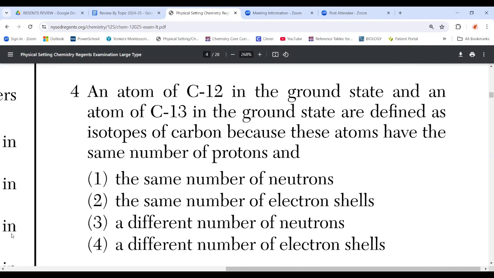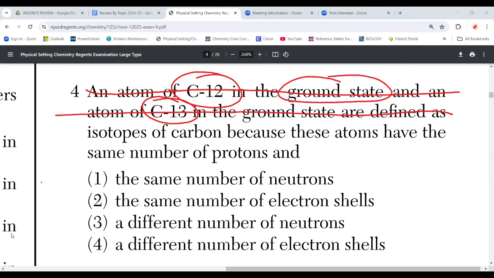So this is generally also without looking at the specifics. In other words, the specifics in a question are they brought up carbon 12 and carbon 13. Those are specific isotopes. If I cut out this whole beginning of this question, right? Remember, this was the question where they brought up ground state like 10 million times and it was not even necessary to answer the question.